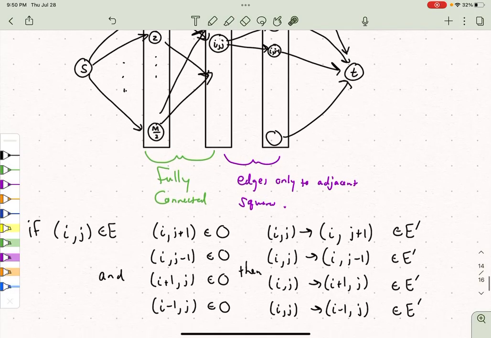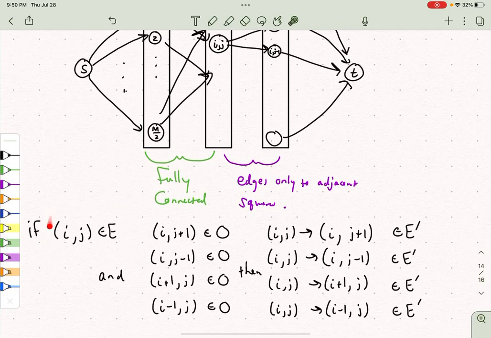And formally, we have edges for any ij in the even set. If ij is an even, so it's in this category, and if we know ij plus 1, the adjacent to the right, is an O, then we'll have an edge.